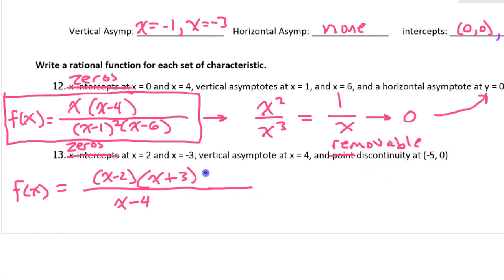So that means I need x plus 5 in the numerator and x plus 5 in the denominator. Because these cancel each other out, that's what will give you a hole. That will give me a hole at -5, something.